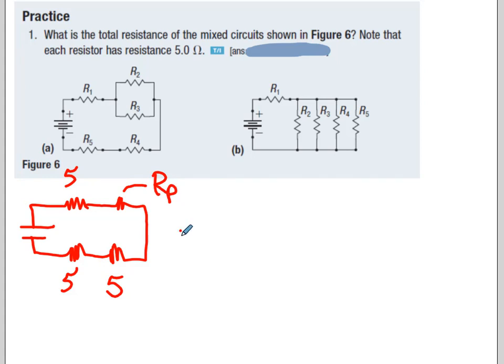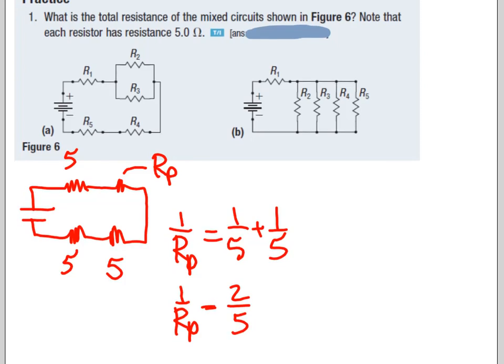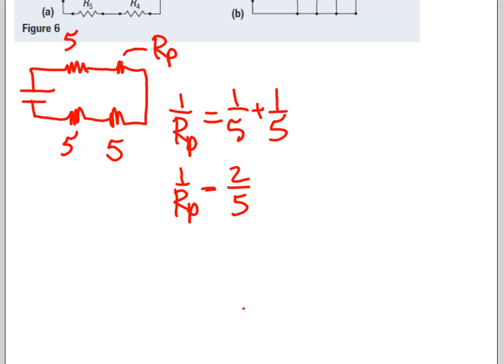Okay, so I have to be careful. It's 1 over RP equals 1 over 5 plus 1 over 5. 1 over RP equals 2 over 5, and you might find some math shortcuts as you go through this. I'm going to just do it all longhand just to make sure everybody can see where we're going. Okay, if I cross multiply, simplify, RP is 2.5.